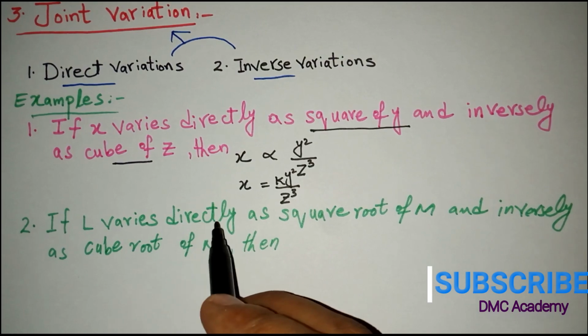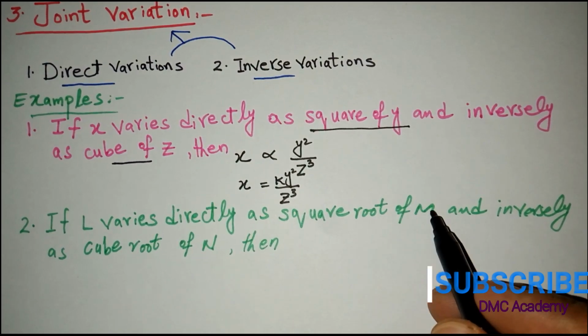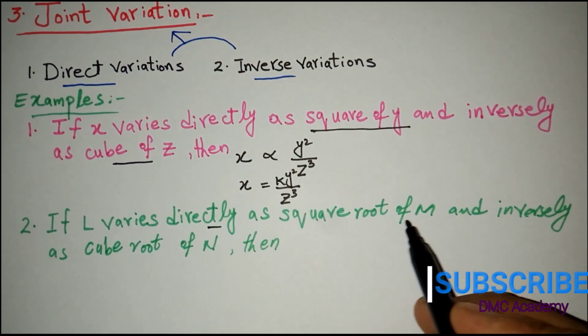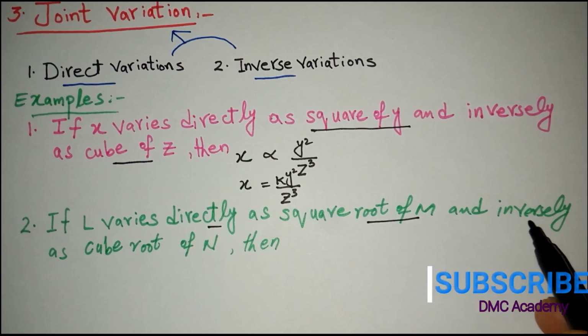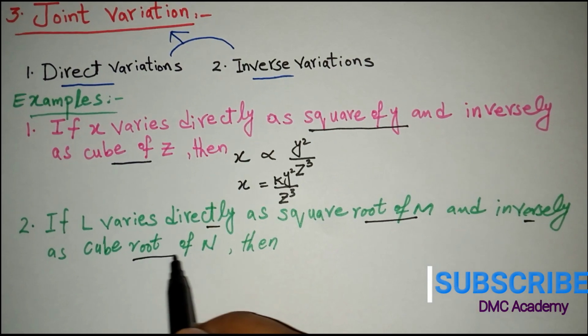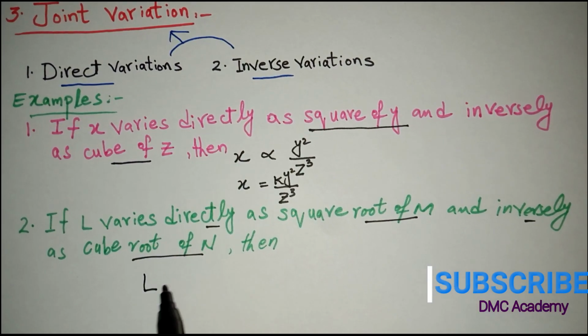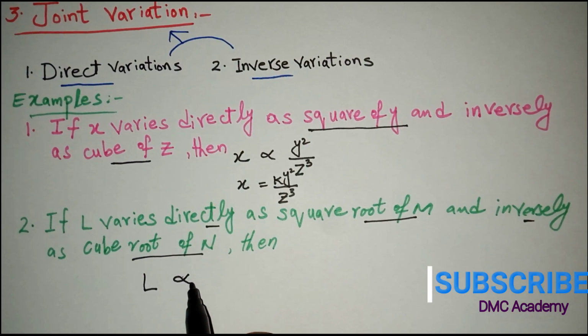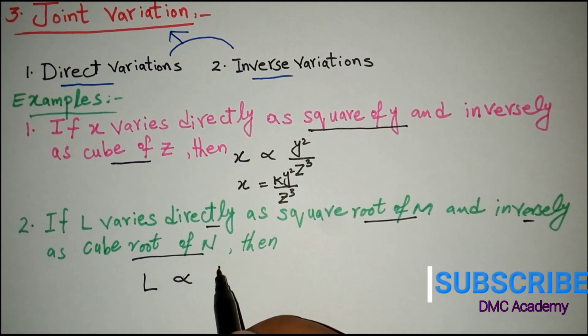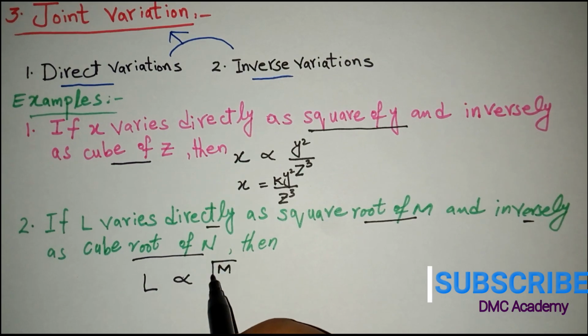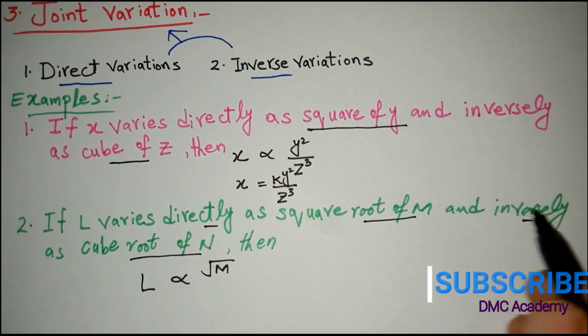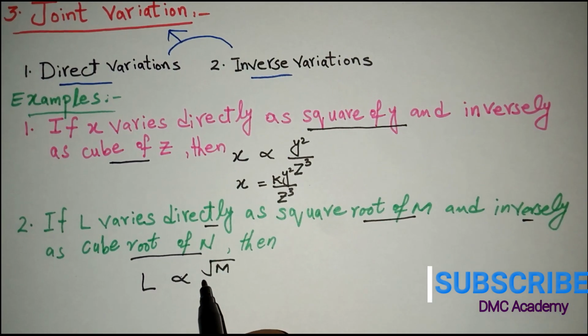So let us see the next example. If L varies directly as the square root of m and inversely as the cube root of n, then L is proportional to the square root of m and inversely as the cube root of n.